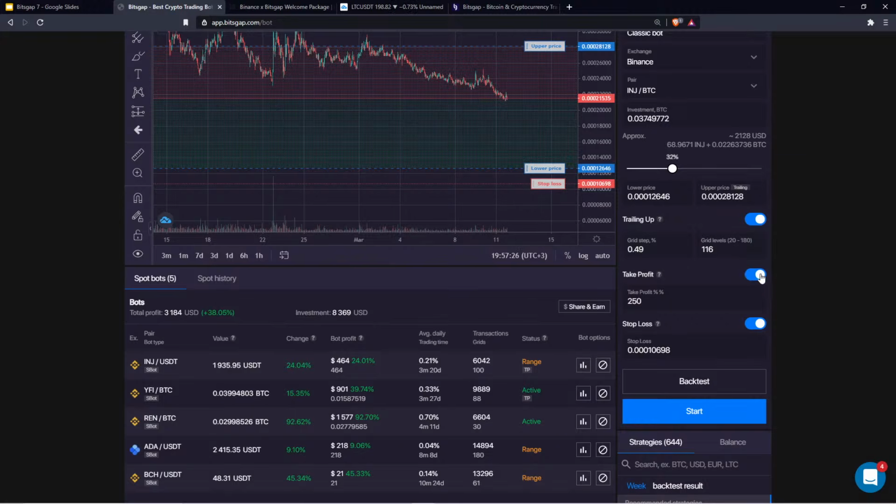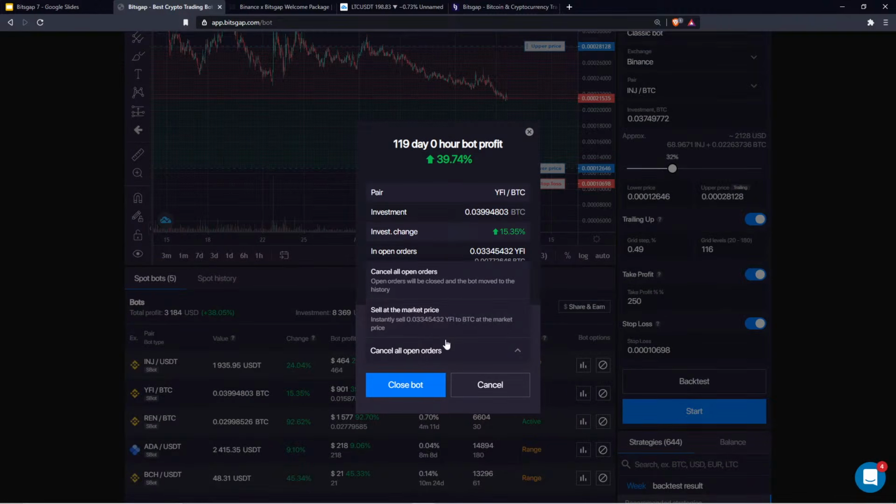The take profit, that's the exit by the investment change. Let's say 20%. As soon as it reaches 20%, it just sells all of the base currency. And other 3 options, they are here. That's the sell at market right now. That's cancel all my open orders right now, but still I'm going to be exposed to the base currency.